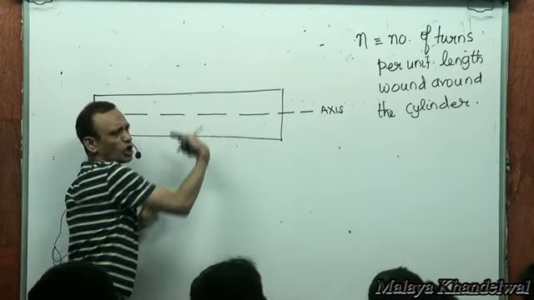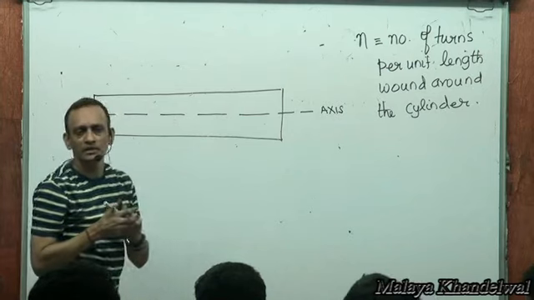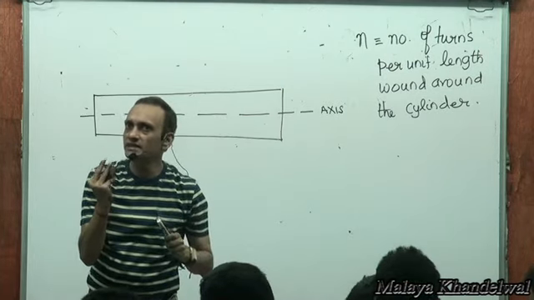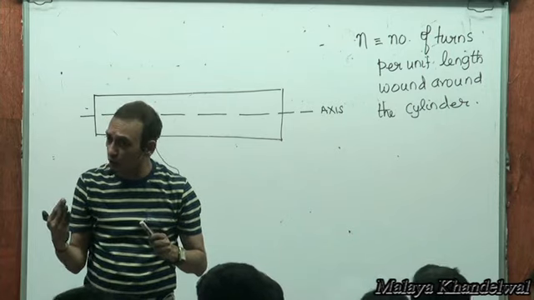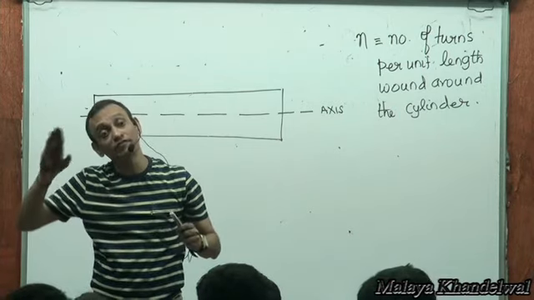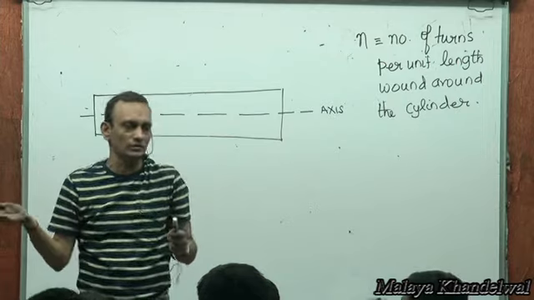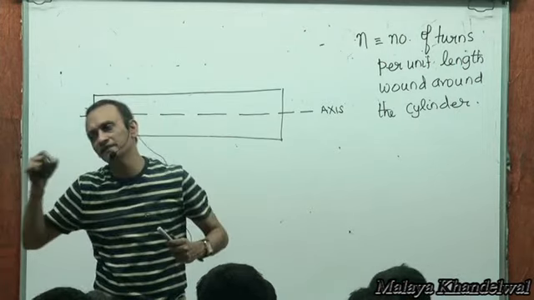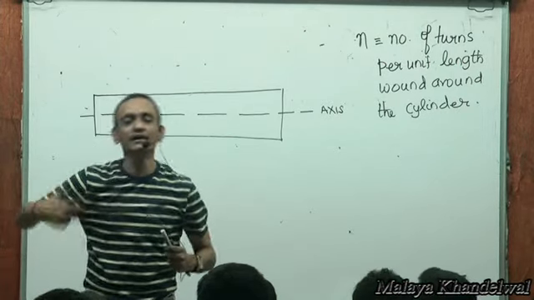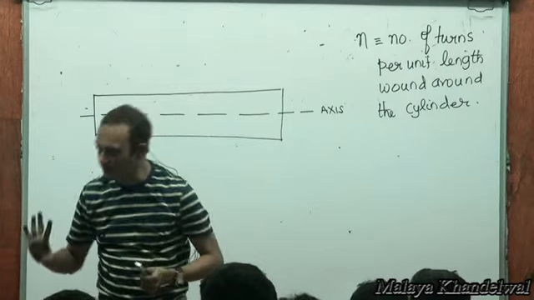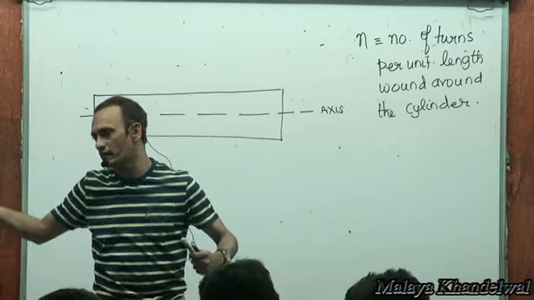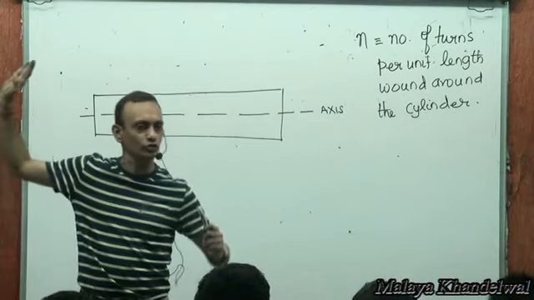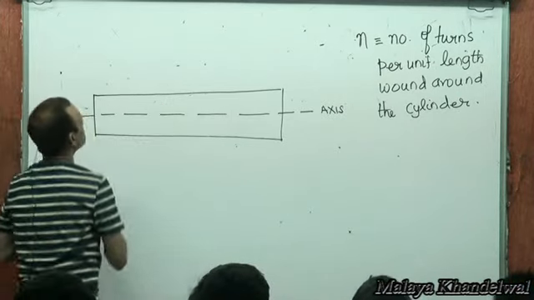If this was a solid cylinder and P was on the axis, then that material would have relative permeability mu r, and you would have to multiply mu naught by mu r. If it was a hollow cylinder and this point P was in air, then mu naught will suffice. So let me take it as a hollow cylinder and the point P in air, so I'll just use permeability mu naught, right?